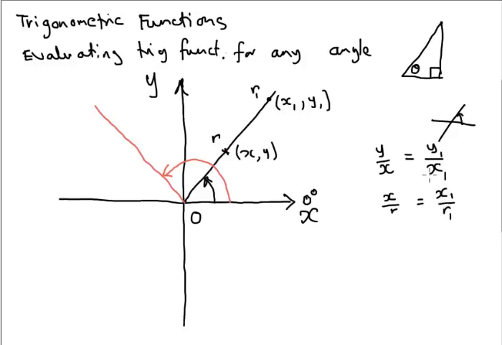Because this is interesting, I think these ratios are worth giving names. Once we start giving names to these different ratios, we get what we call trigonometric ratios: sine, cosine, tangent, and so on.